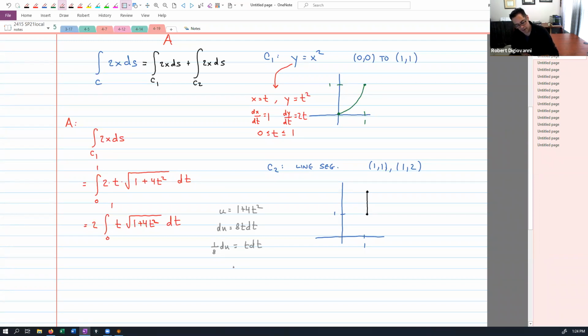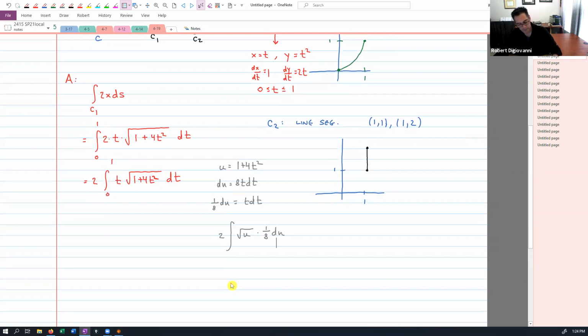Which means that integral turns into 2 times the square root of u, and then there's a 1/8 du. So all I'm doing here is rewriting this integral in terms of u. Replace the 1 plus 4t squared with u. t dt turns into 1/8 du, and I still have the 2 on the outside.